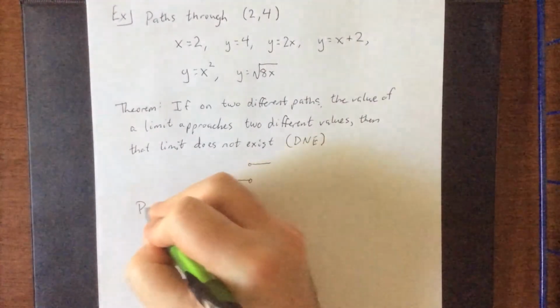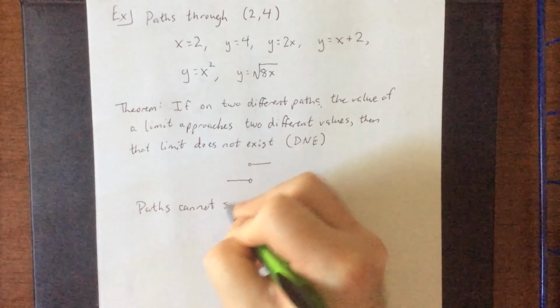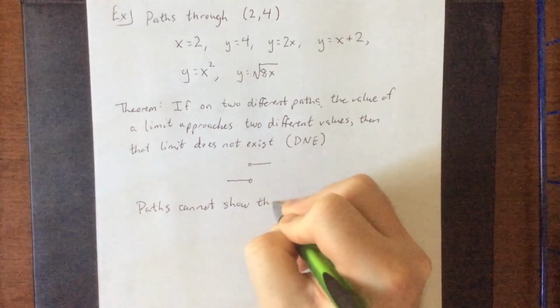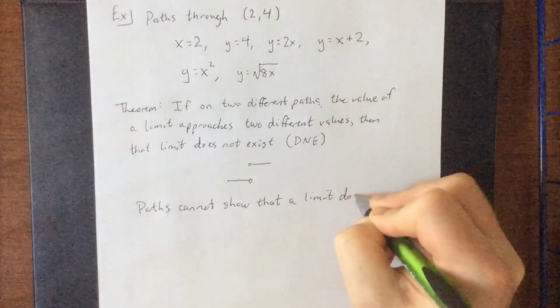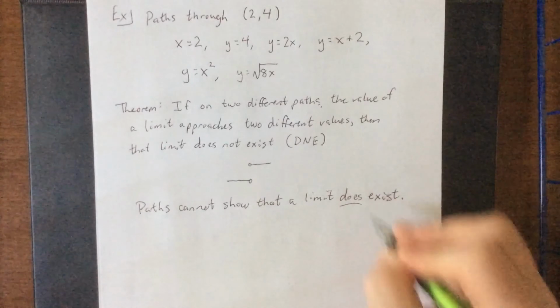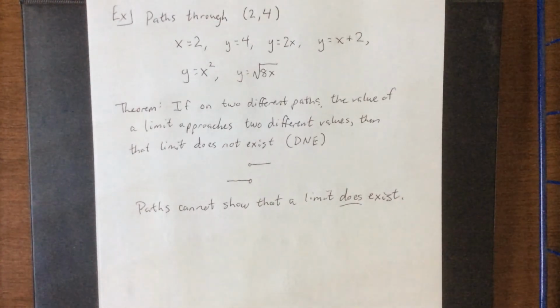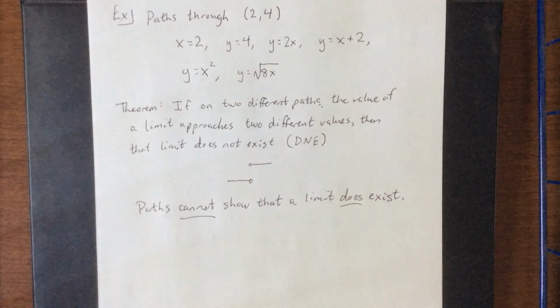Paths cannot show that a limit does exist. Paths can only be used to show that a limit does not exist. I will demonstrate that with a couple of example problems.